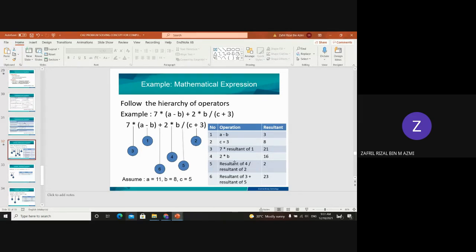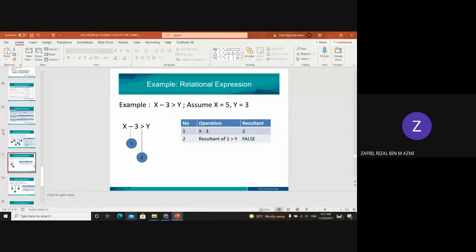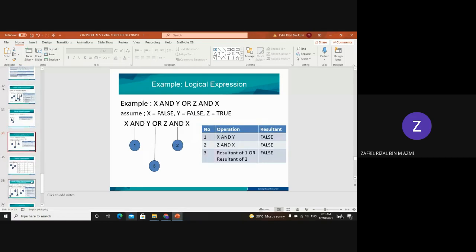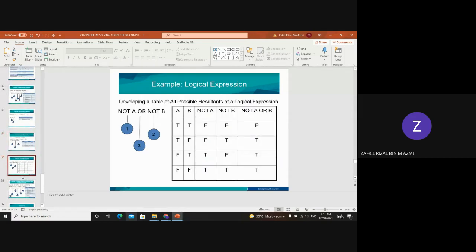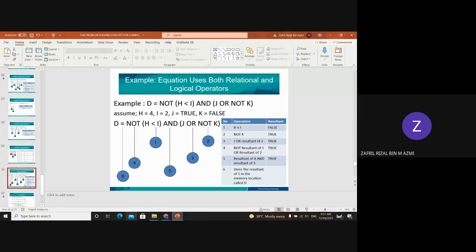And so on. This is for a mathematical expression. For an equation, there's an additional step, you may refer to this example. For equation, there's an additional step over here, which is number 6: store the resultant of 5 in the memory location called D. This is additional for equation.